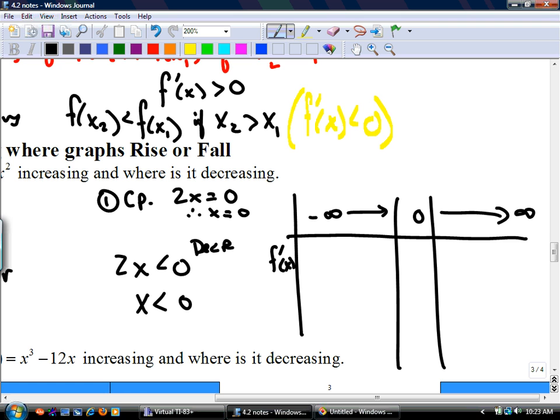Okay, very safe number to pick. Substitute that into the derivative. Put negative 1 in for x. What do you get? Negative 2. That is a negative amount. That means the function is decreasing.